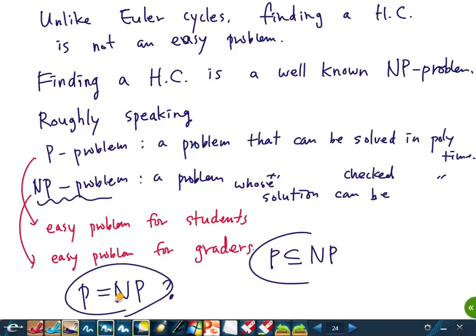Sometimes some people claim that they solved this problem, but so far they were all wrong. It's a very famous problem, but of course difficult. No one knows whether this is true or not. And the Hamiltonian cycle problem is one of the famous NP problems. Many problems turn out to be equivalent to the Hamiltonian cycle.